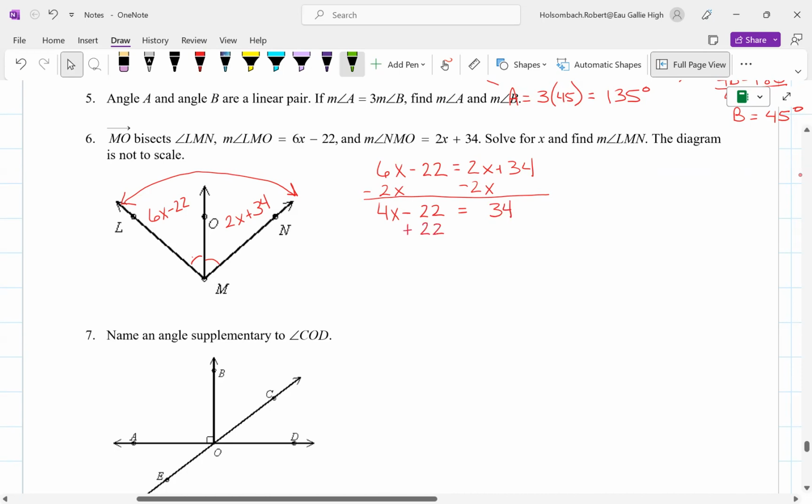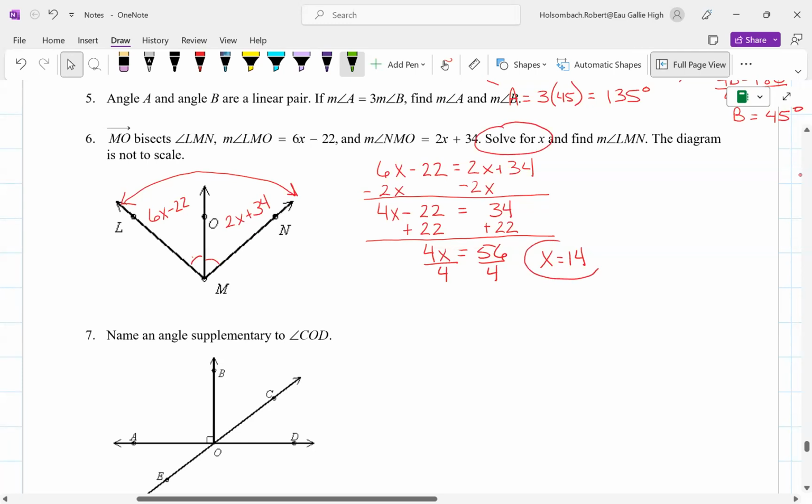Add 22 to each side. So 4x is equal to 56. And then divide by 4. So x equals 14. That's the first part of the question. Solve for x.